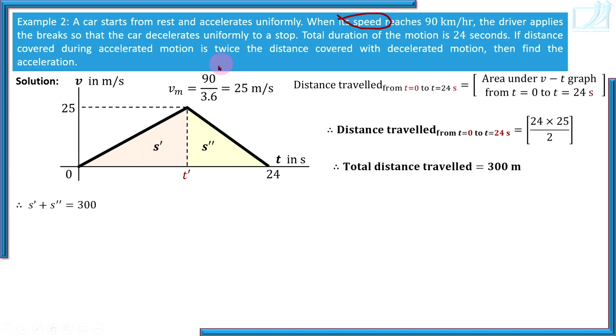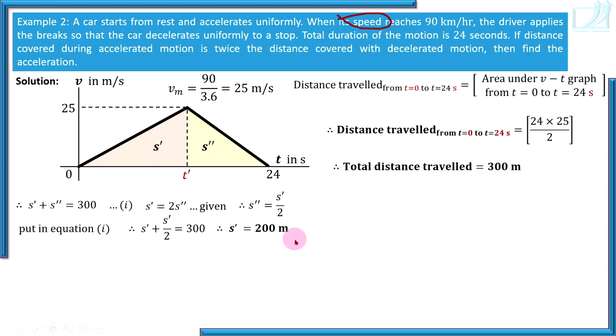And also we have one piece of information in the problem that the distance covered during accelerated motion is twice the distance covered during decelerated motion. So S dash is twice S double dash. So this is the second equation. So from this equation, S double dash is S dash by 2, put it in equation 1 and you have found out S dash. So S dash is 200 meters, means S double dash is 100 meters, because total distance travelled should be 300 meters. So this is how we have found out the distance covered during acceleration and during retardation.